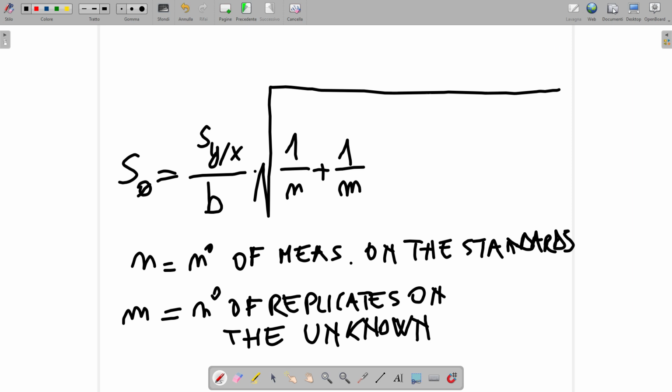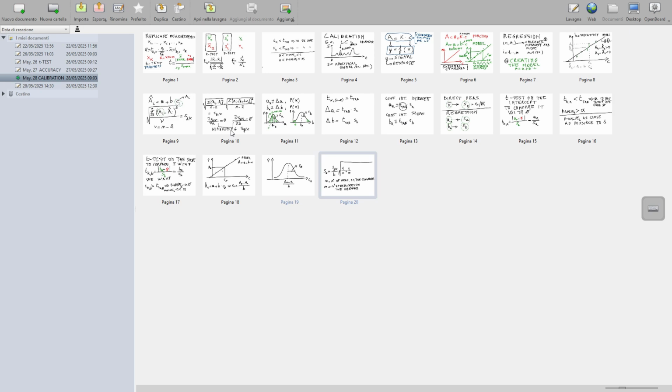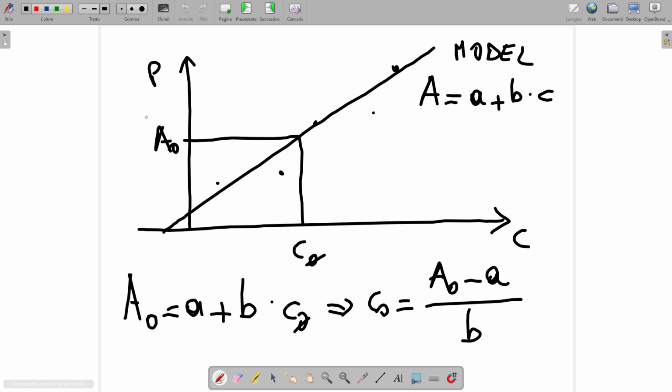Let us explain using this. Here I have plotted one value of A0, imagining that I have performed only one injection of the unknown sample. I can perform the injection m times and take as A0 the average.